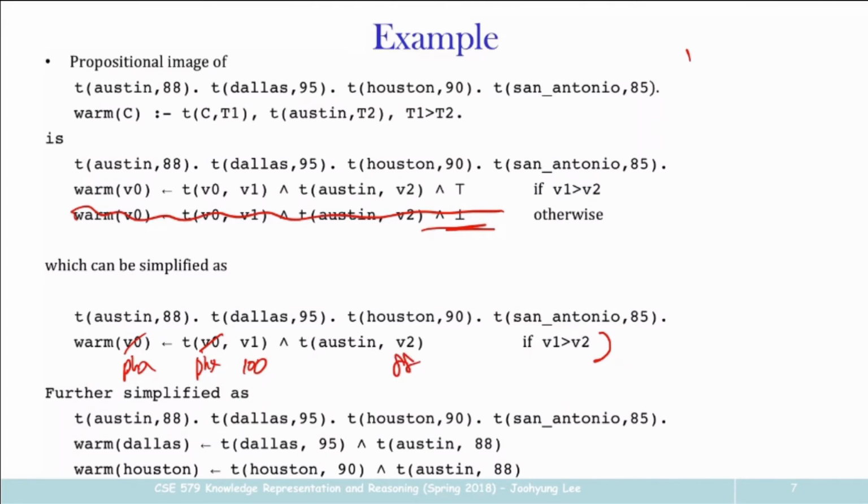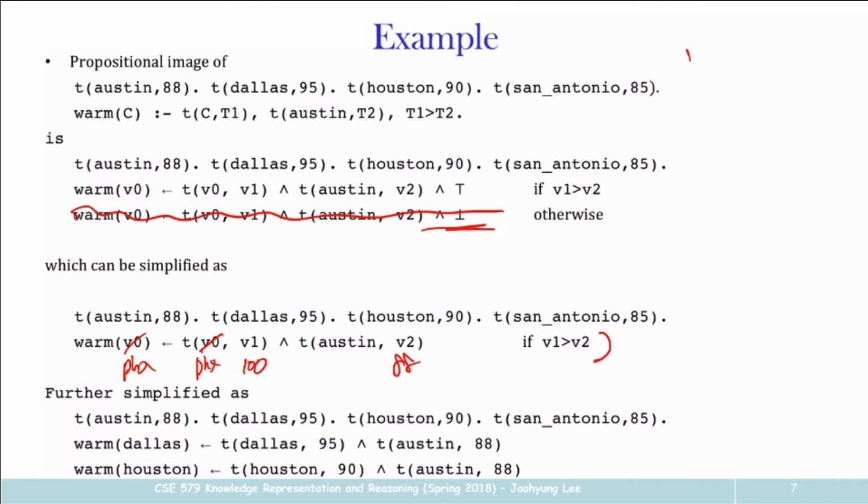If you have this instance, one of the instances will have V0 is Phoenix, V1 is 100, and V2 is 88. Those are possible values, right? But this rule is not useful because Phoenix or 100 cannot be proven from the database. This is always false. So you don't actually need this rule.